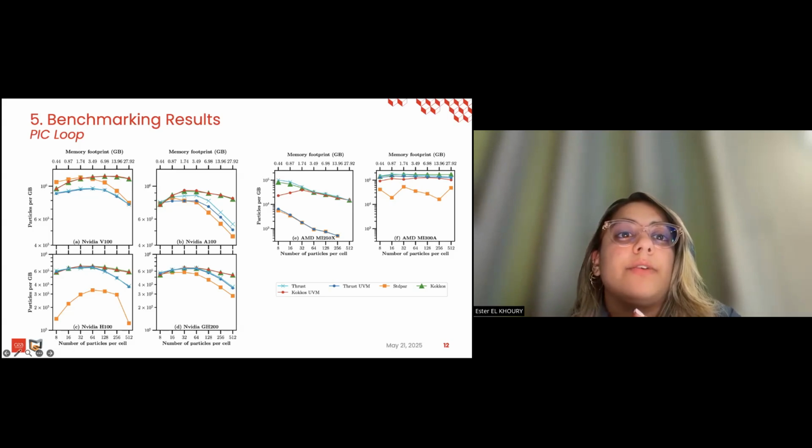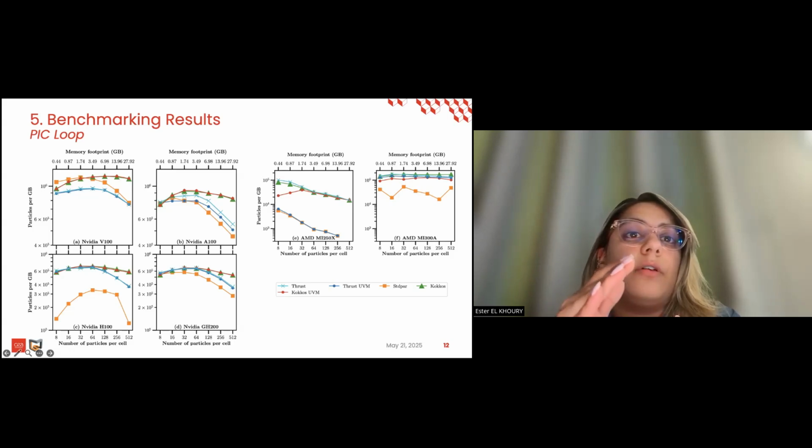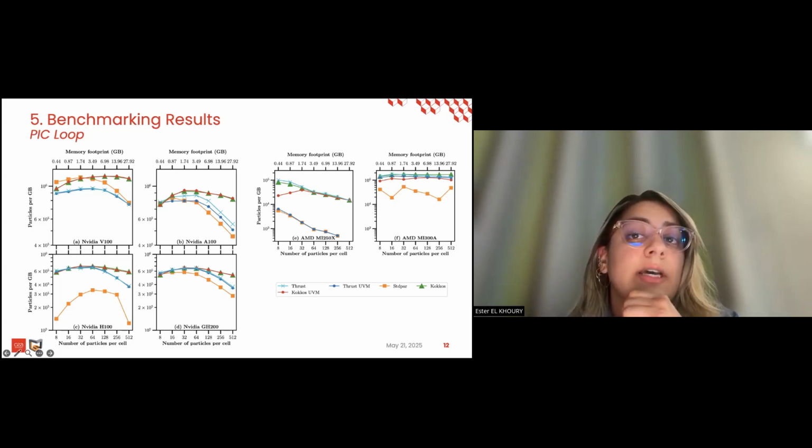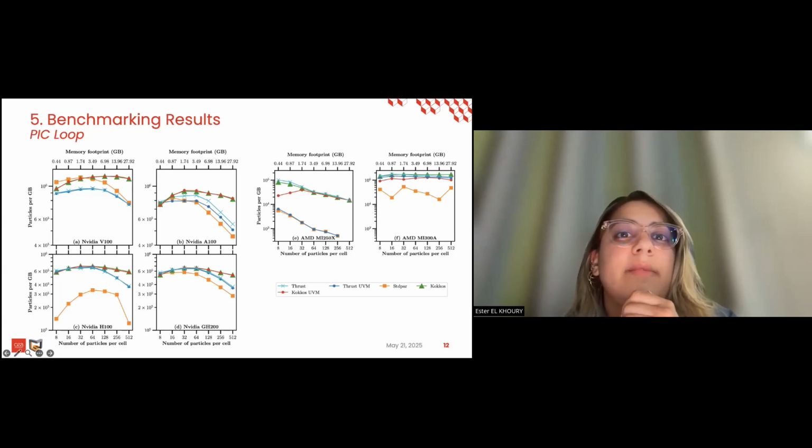For example, STD-PAR outperforms Thrust UVM by 16% on the V100 initially, but this advantage drops to 3% at higher memory usage. On A100 and GH200, it lags behind by 10% and 25% respectively.